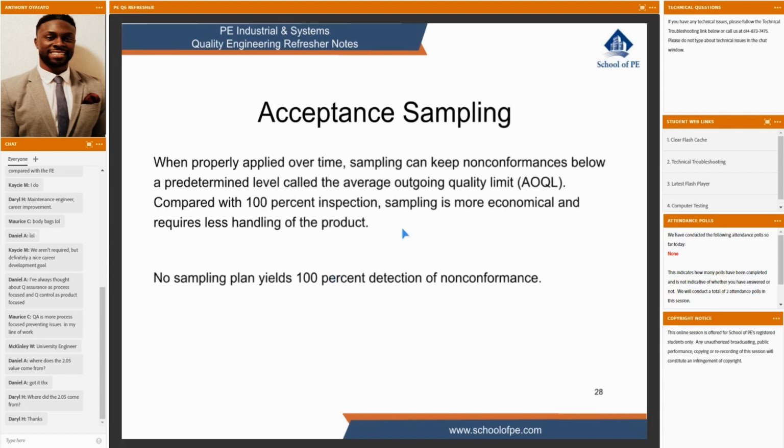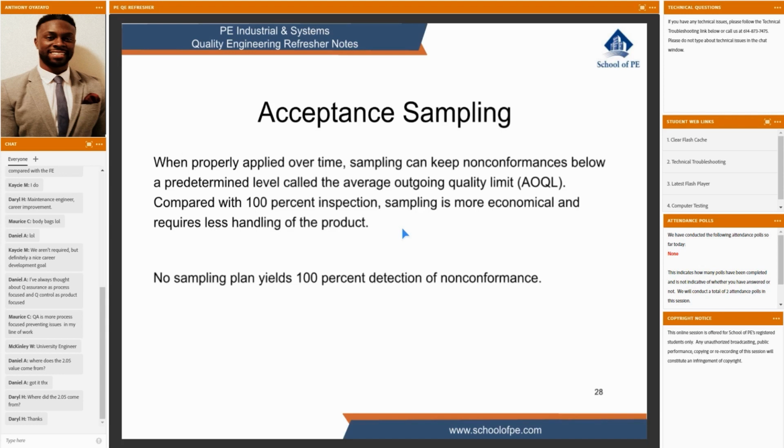So when properly applied over time, sampling will ultimately keep nonconformities below a predetermined level called the average outgoing quality limit. And when we compare this with 100% inspection, sampling is obviously much more economical and ultimately requires a lot less handling of the product.